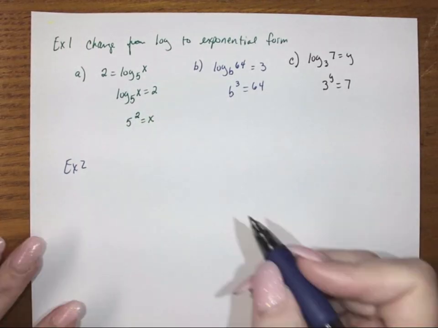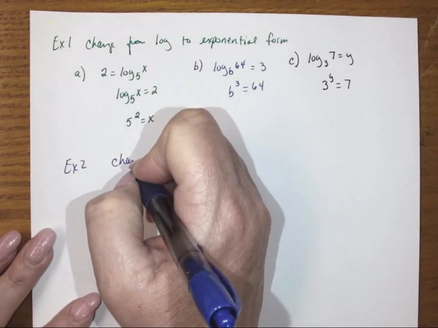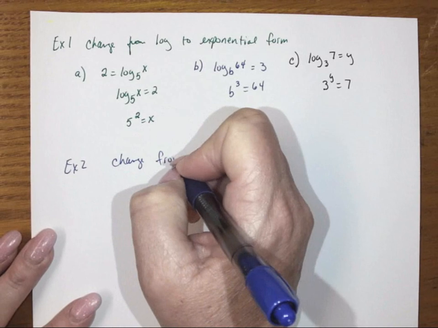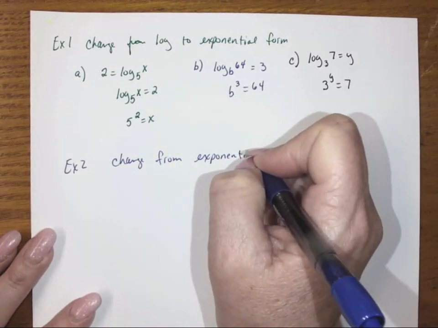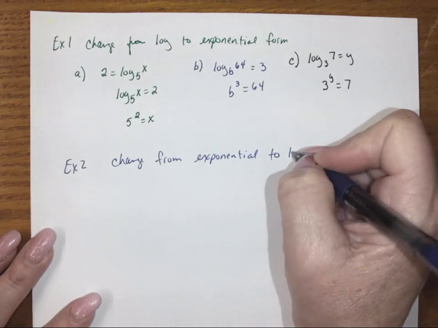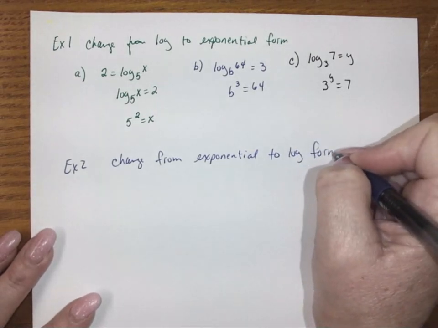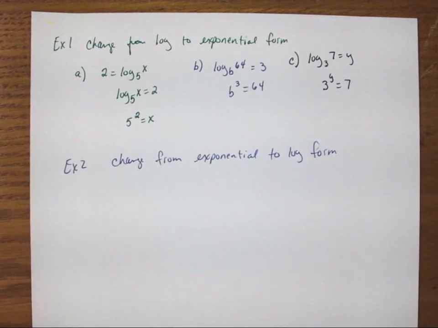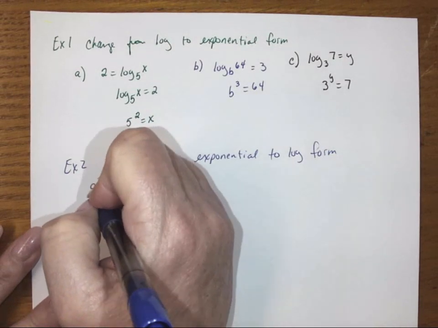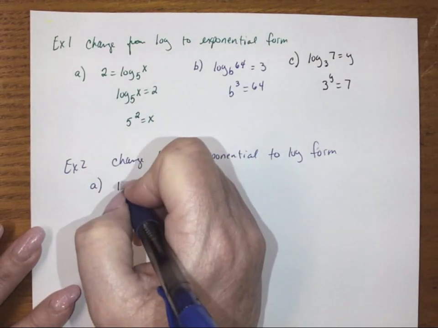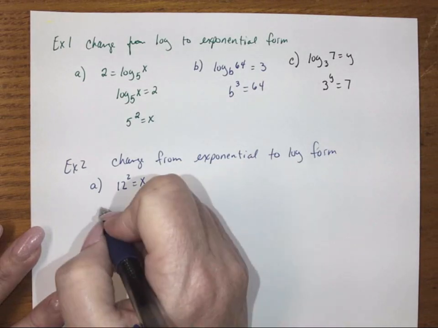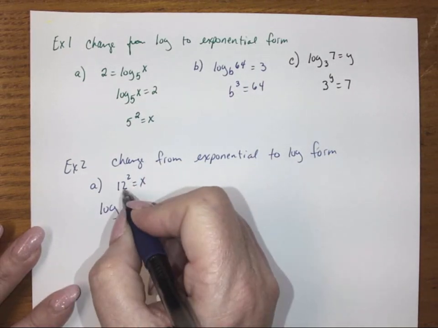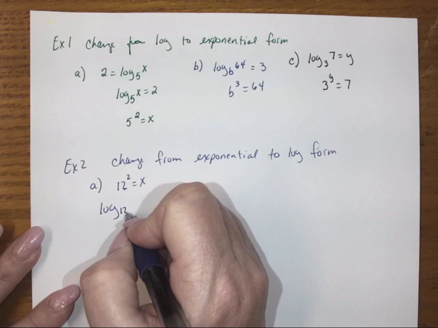So in example 2, we are changing from exponential to log. You're going to do the same thing we did, just slightly different. For part A, we have 12 squared equals x. So we're going to change it to log. Our base is still here, so this is our base.